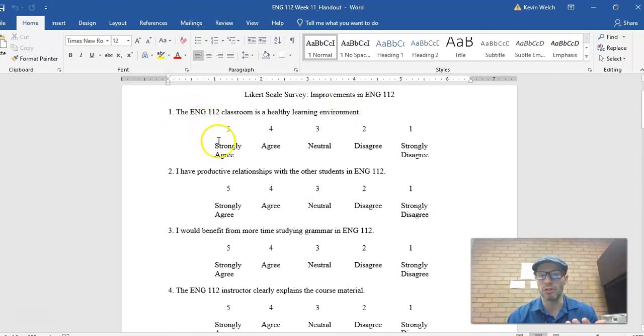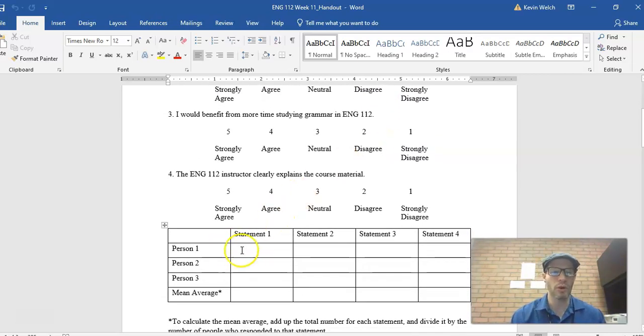Do most people agree with this statement? Do most people disagree, or are they neutral? Right? You want to be able to calculate and figure out how many people had which rating for that question. So you go, okay, I've got this number of people. I'm just saying 3, but you could survey 50 students.